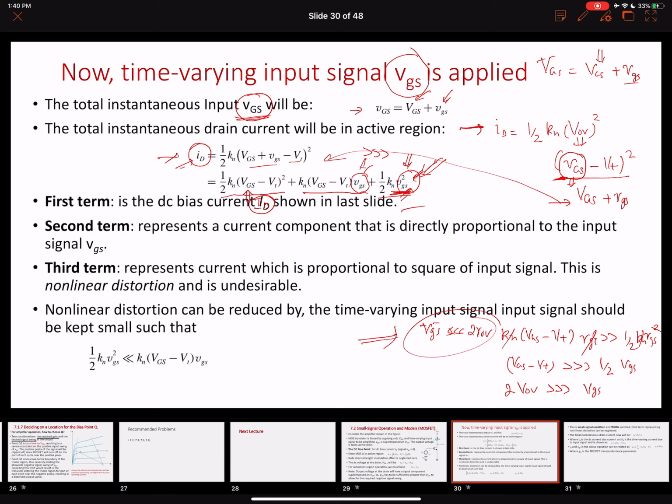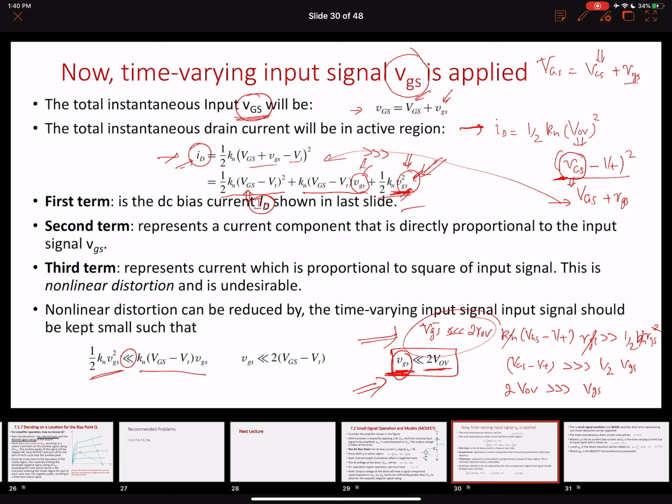So this is exactly what we did: our third term should be much smaller than the second term. Once we do that, we reach this condition on the time varying gate to source voltage. What does this represent? The time varying gate to source voltage that appears at the input should be sufficiently smaller than 2 times the overdrive voltage.